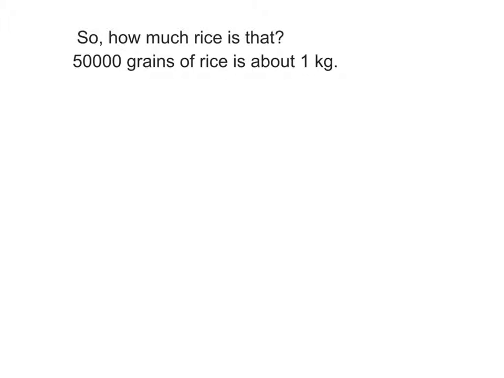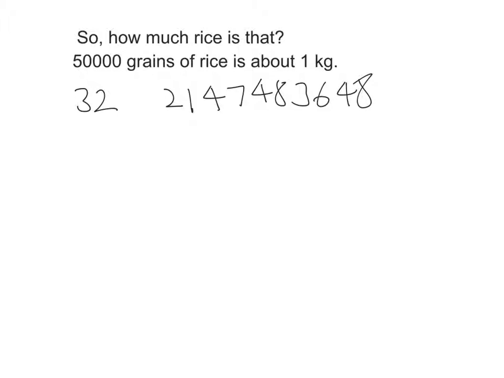So we know after 32 squares that there was 2,147,483,648 grains of rice. That's 2 billion grains of rice. Using the assumption that 50,000 grains of rice is about 1 kilogram, all I need to do is divide the 2 billion by 50,000.